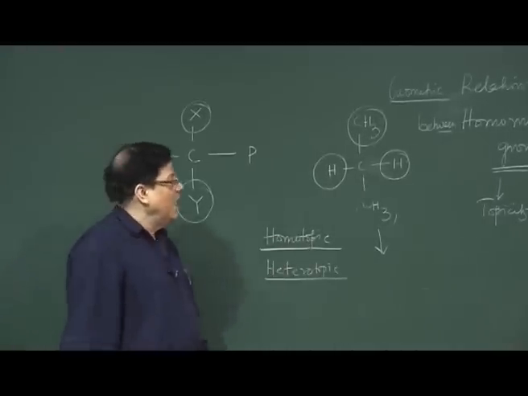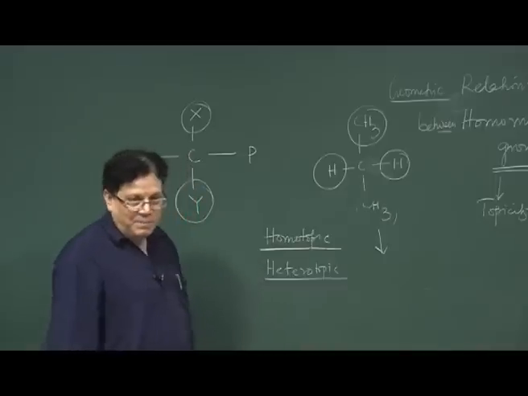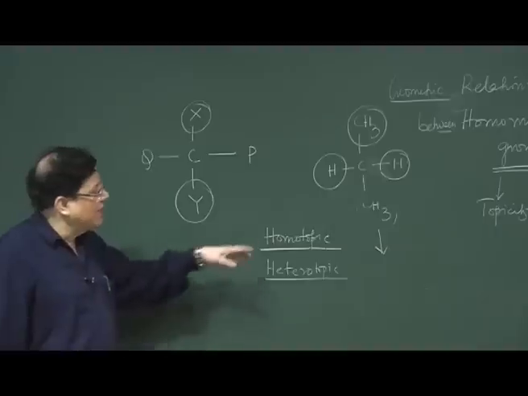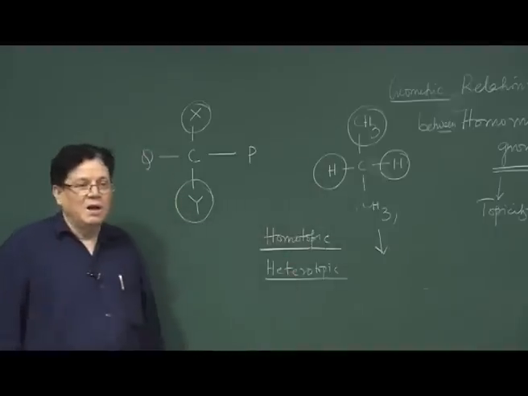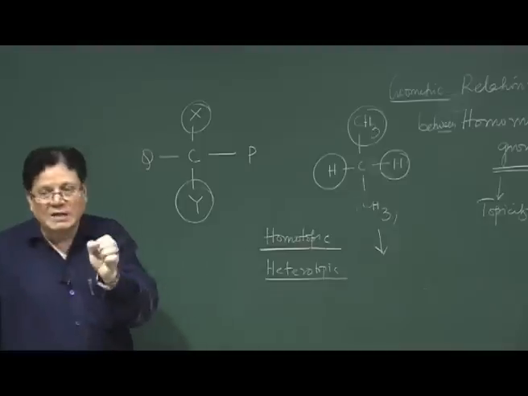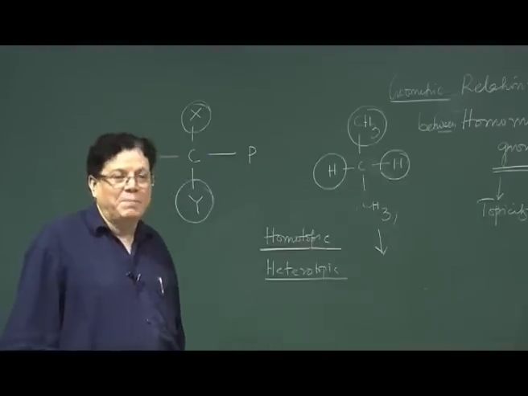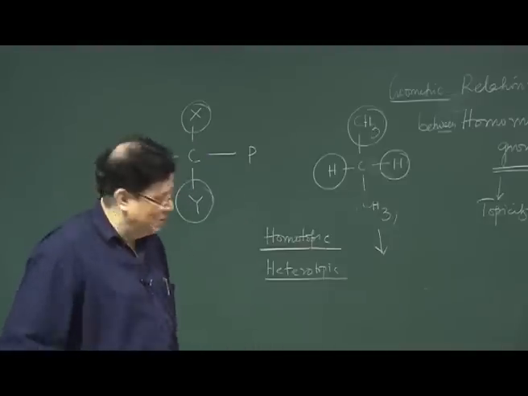Okay. How to do that? There are 2 ways. You can consider symmetry elements to decide the topicity of ligands, or you can consider what is called the substitution addition criteria. The substitution addition criteria is the more appealing one, the easier one. Okay.